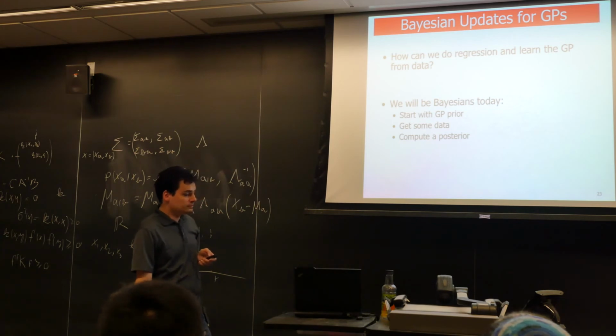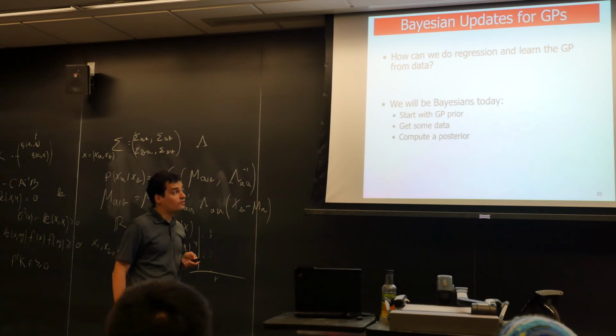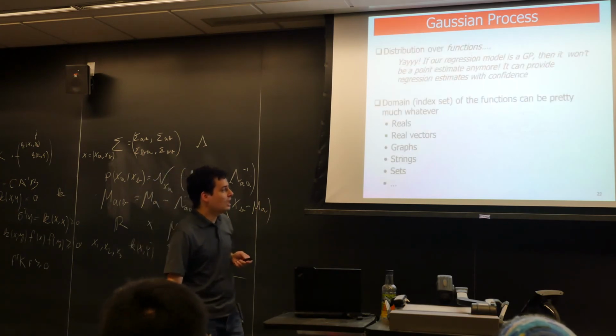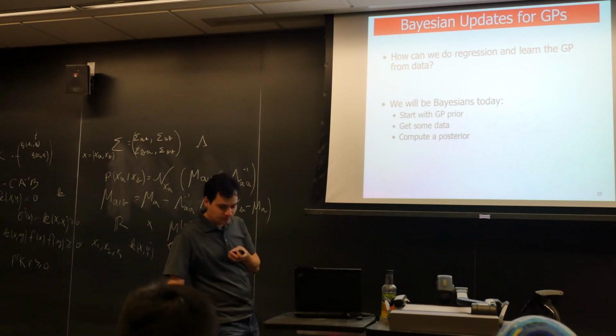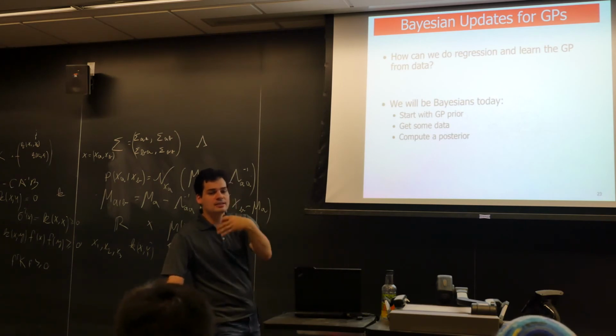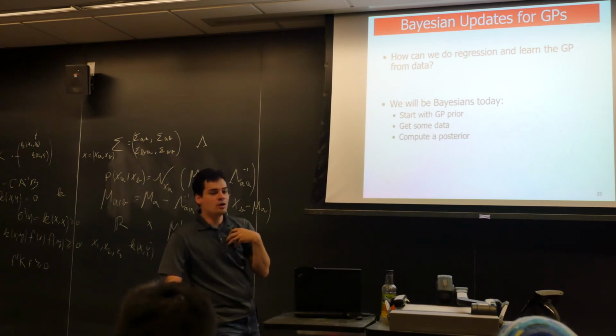What we are going to do is, we want to do regression, right? And we assume that we have some prior knowledge on the regression function. Then we get some data, and we want to update our belief on those functions, and we will get a posterior distribution.